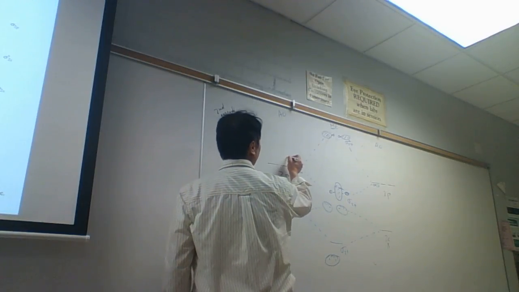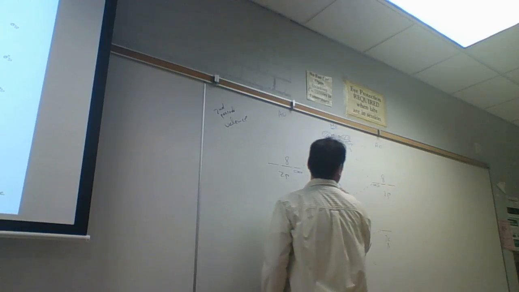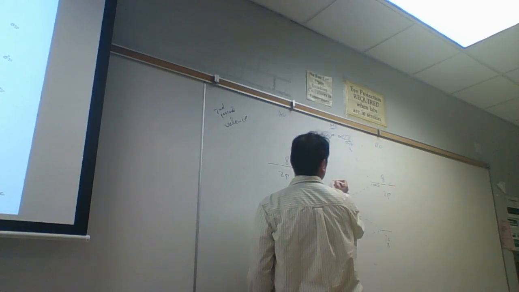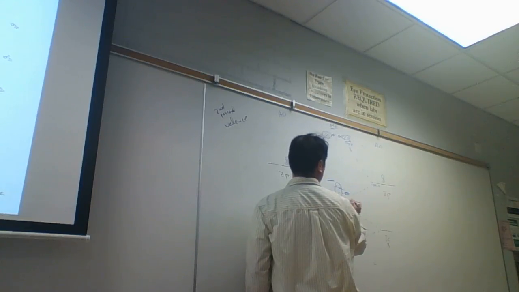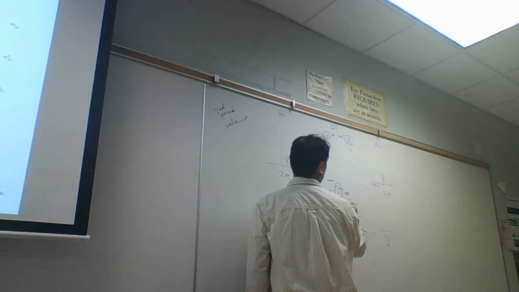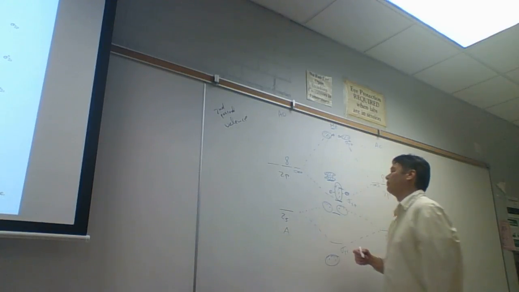And then let's go with the p's like this. If we do the p's like this, then those are going to form pi. And the pi's are going to be weaker in terms of bonding interaction.